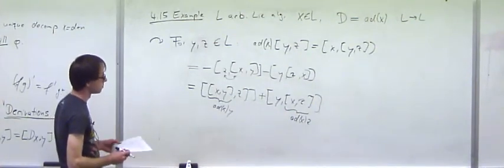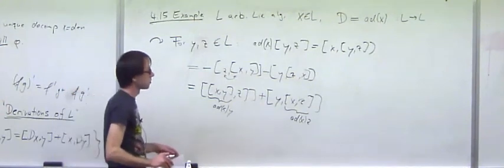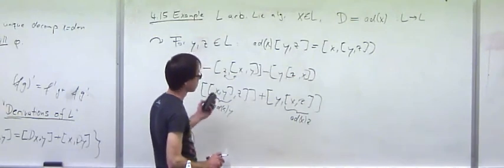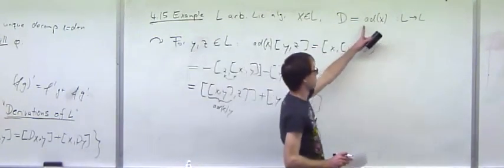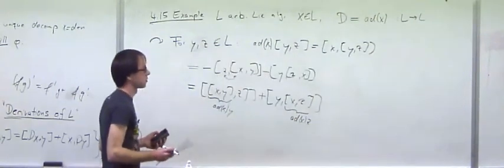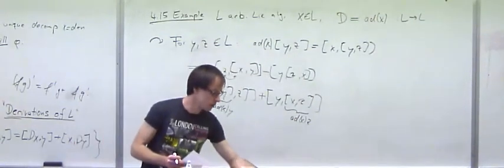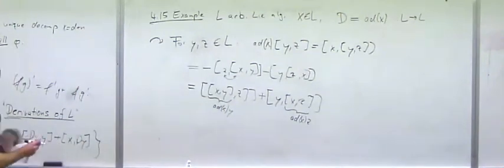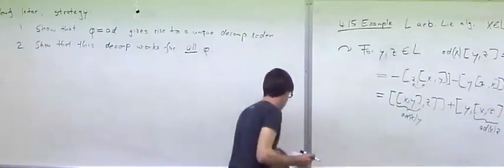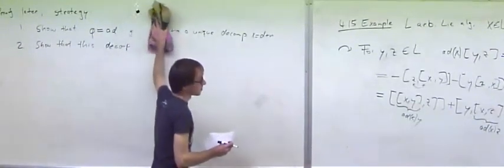So we already get a whole lot of derivations just by considering all operators of the form ad x, wherever x is an element of the Lie algebra. Well, I said we get a whole lot, but it depends on the Lie algebra, of course.